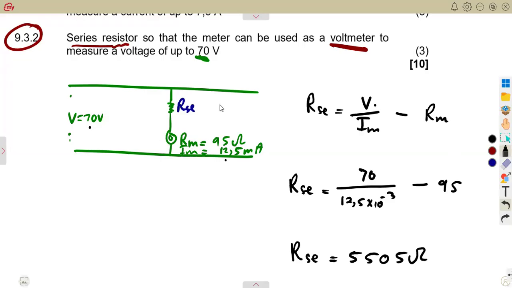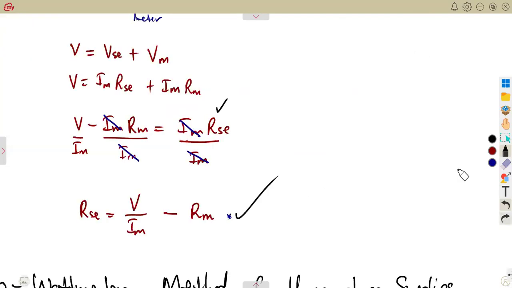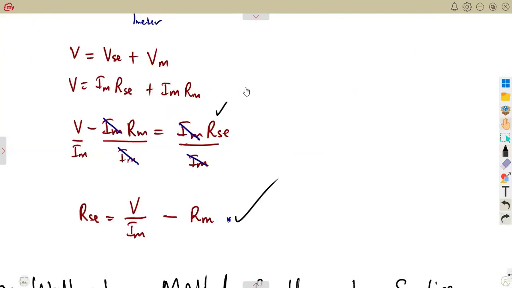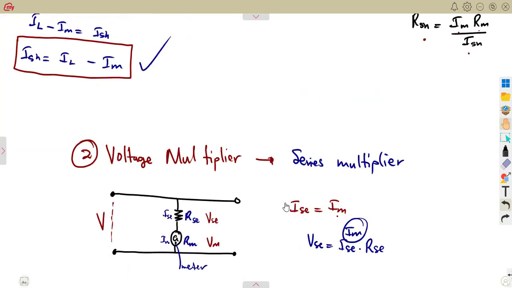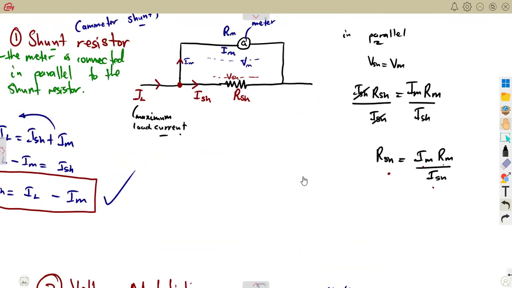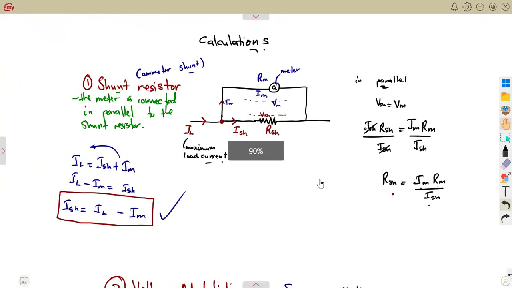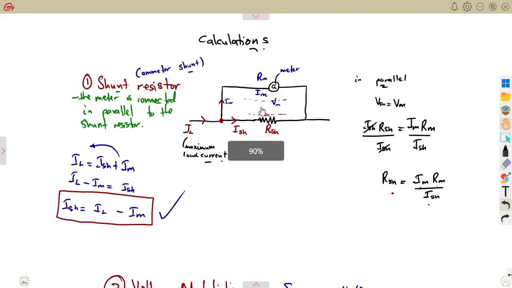So that is how you can work your questions on the measuring instruments. You need to understand what you are given on the circuit. Okay, the information, what are you working with? Are you working with a shunt where you are calculating the resistance of the shunt connected resistor to the meter that you are given, which is giving a full scale deflection current?